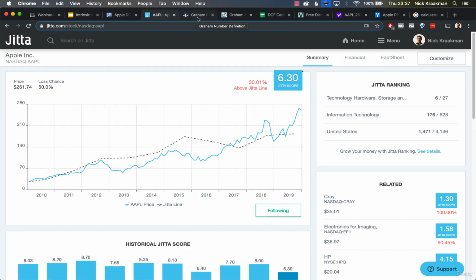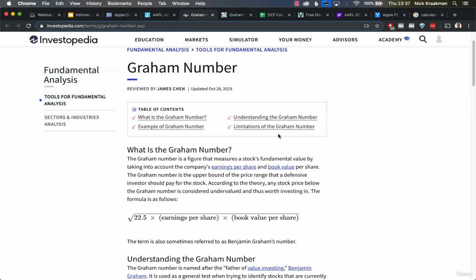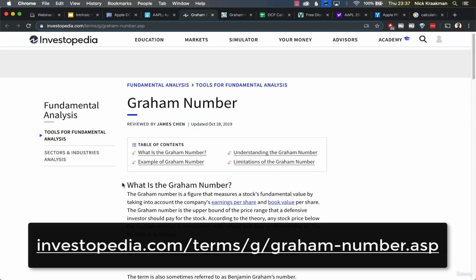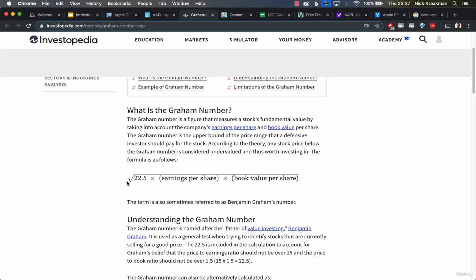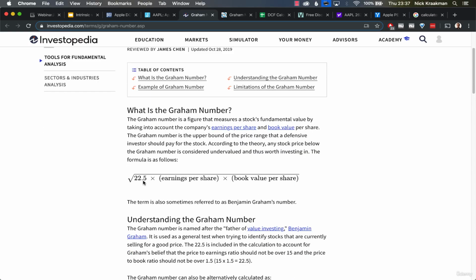The third tool is based on the Graham number. The Graham number is named, of course, after Benjamin Graham, the father of value investing. You see the formula here, the square root of 22.5 times the earnings per share times the book value per share.